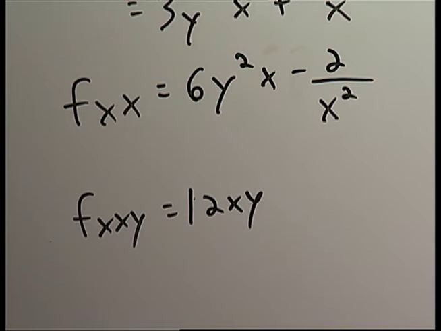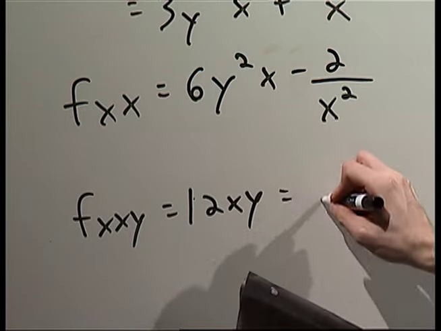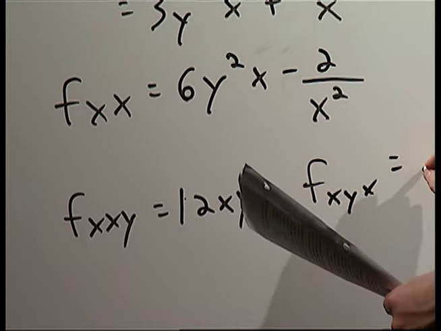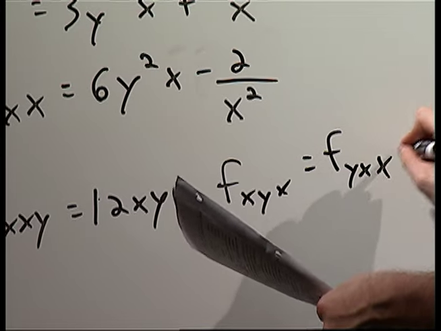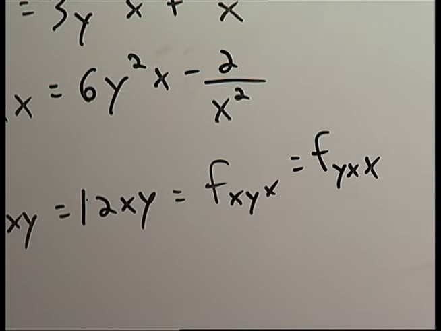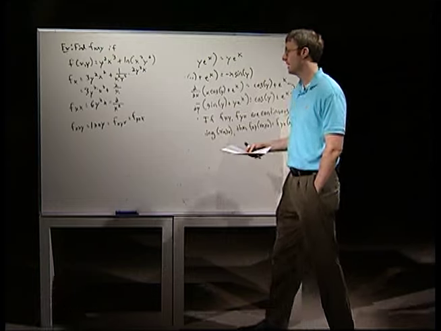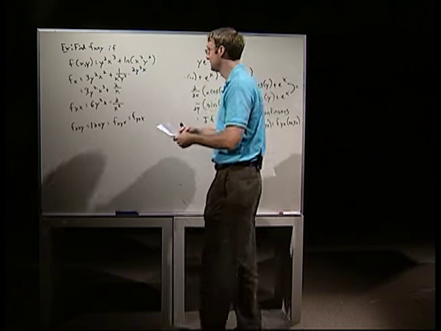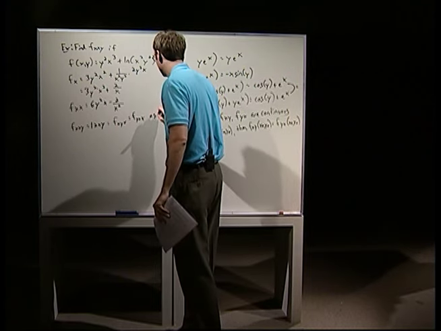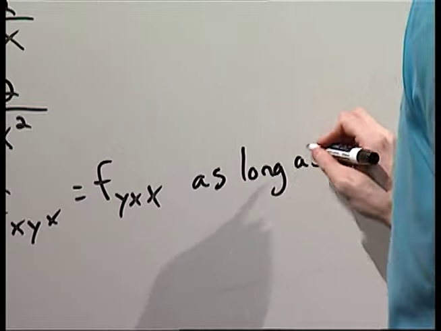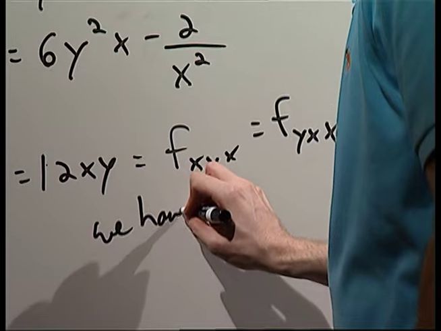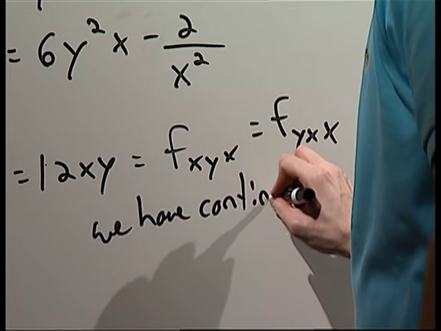12xy. It turns out that this is equal to what you'd get if you did xyx, or yxx. They're all the same. As long as you have two x's and a y, this is going to be equivalent as long as we have continuity.